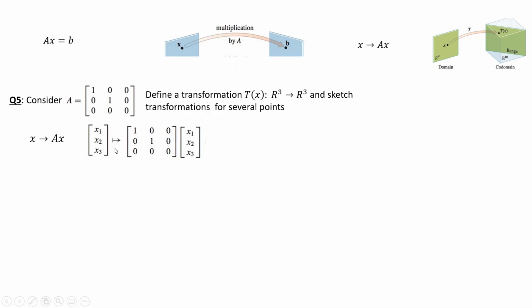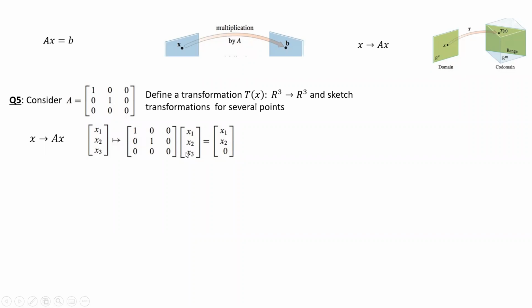And our matrix A is very convenient because when we multiply the first row by the vector X, the only non-zero entry is the first one here. So the first component of our image will just have X1 as an entry. Then the second row also has only one non-zero component at X2. And the third row is pretty much all zero.